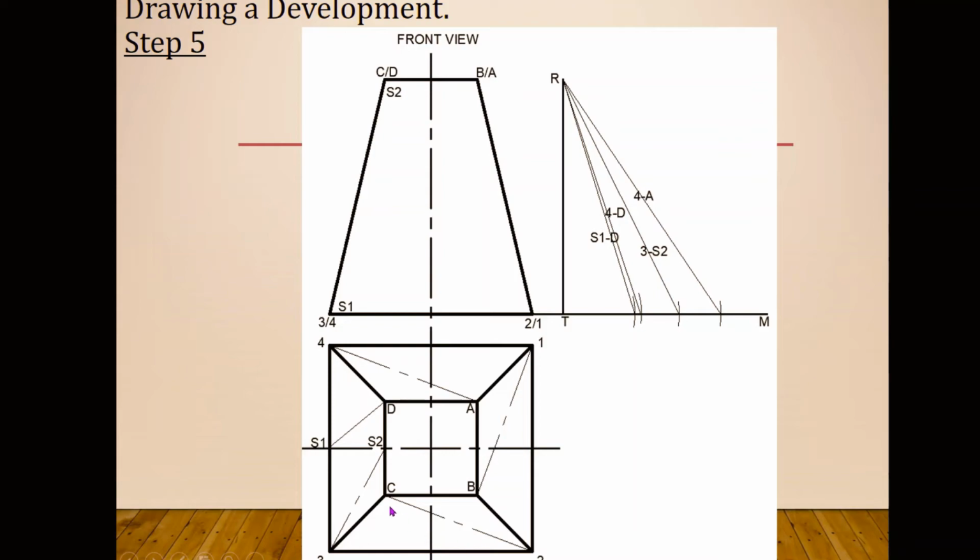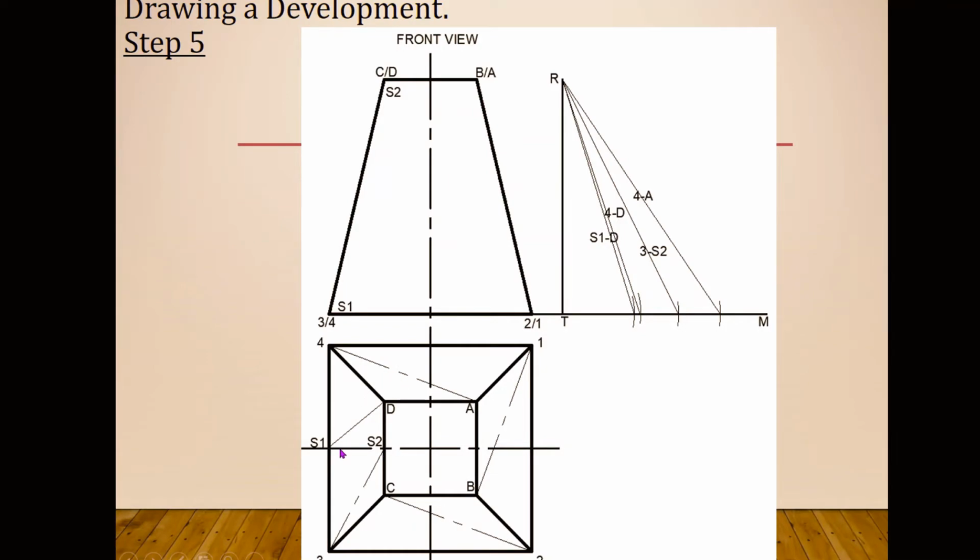You must maintain the same pattern, because if this line starts from point D and ends at point A, and the next line starts from point A and ends on point 2, it won't work. You start from bottom and go up, bottom, go up, bottom, go up. And remember, this point here is your seam where your workpiece will be welded.